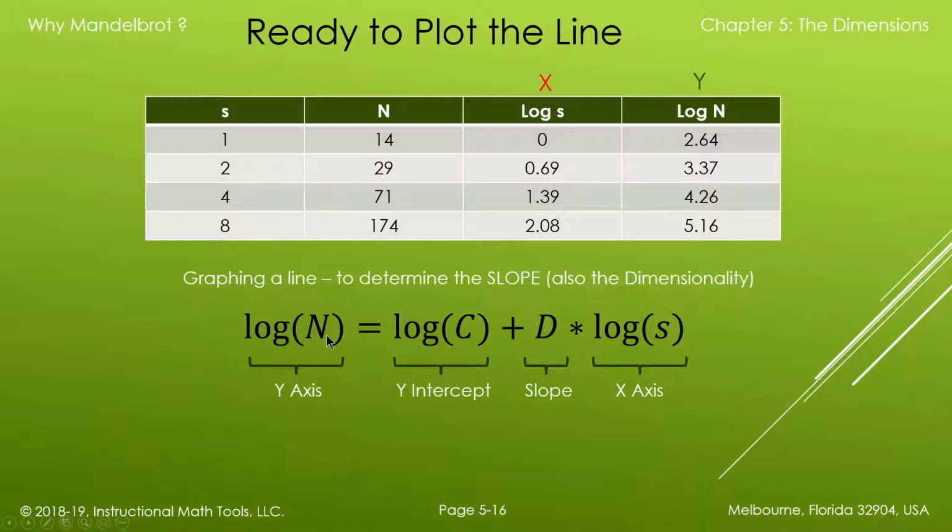So we would put log n on the y-axis and log s on the x-axis, and log c would become the y-intercept, and d would become the slope that we're looking for. This is the dimensionality of that random coastline. That's what we would be looking for.